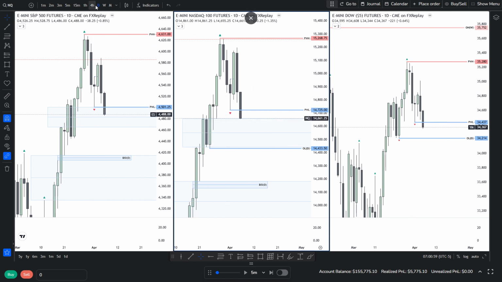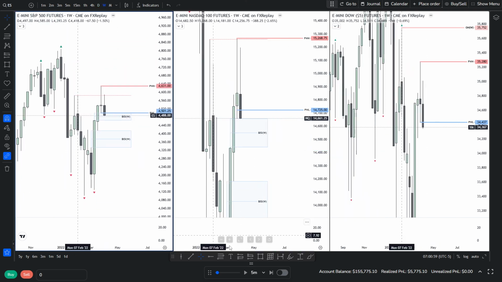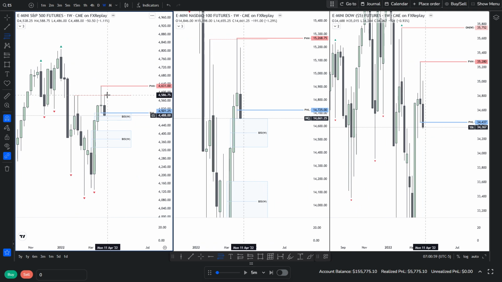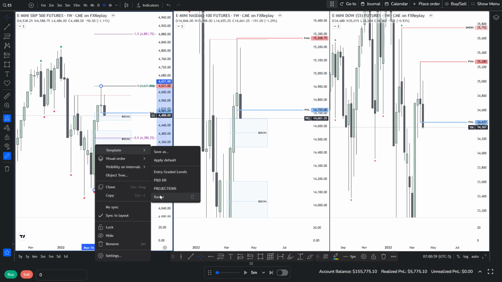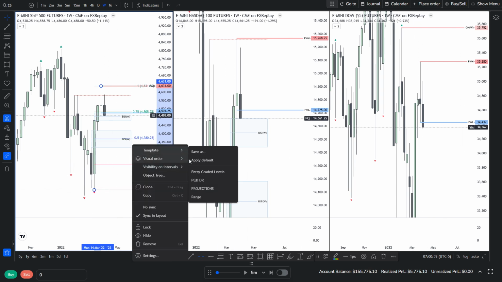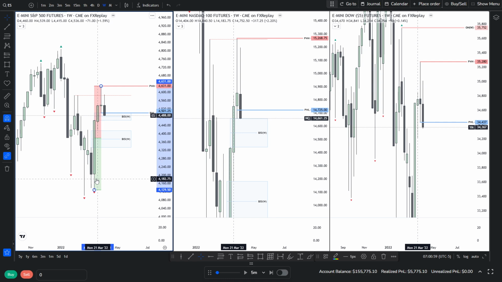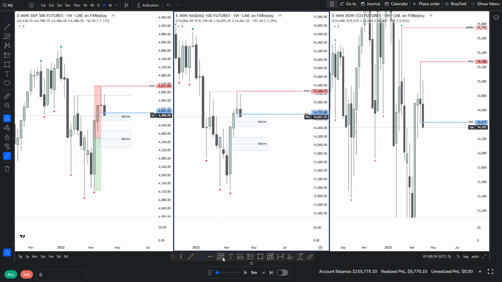And also, I think something that you probably want to note is this range here, because technically here could be a draw if the market fails to find support at the BC.